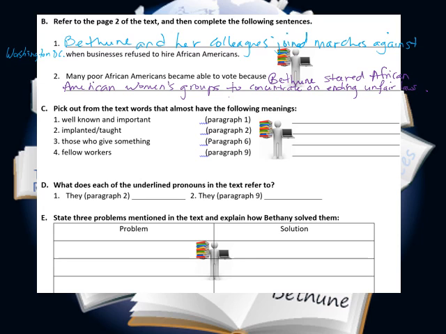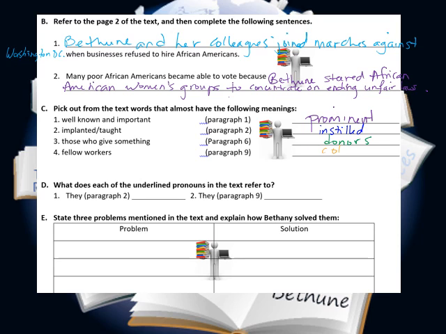Okay, let's look at the vocab. Through context clues, you should have been able to answer these. Part C, number 1, yes? Well-known and important: prominent. Next one. Go ahead. Instilled. Those who give something: donors. Fellow workers, yes?